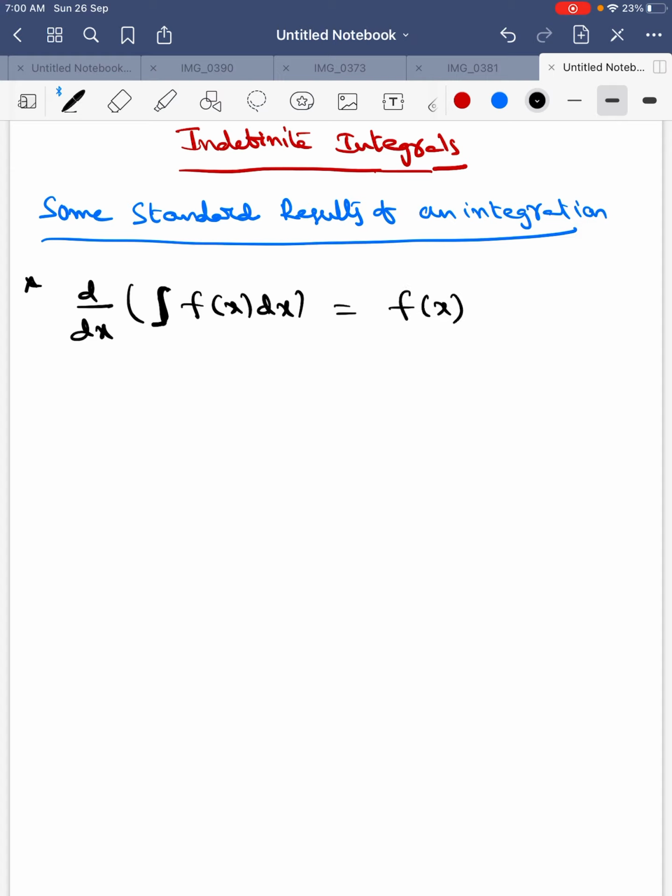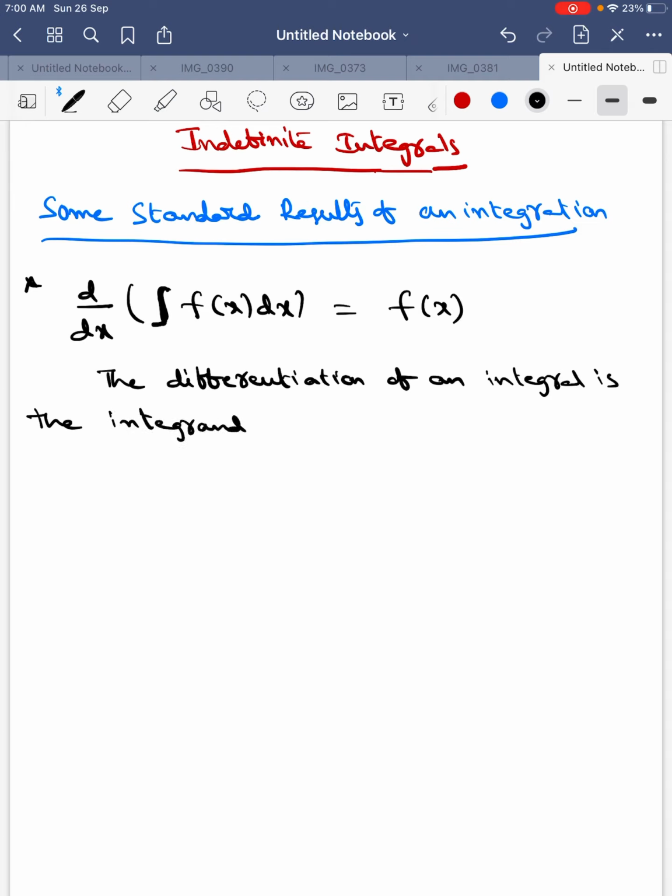Here the solution is that the differentiation of an integral is the integrand itself.